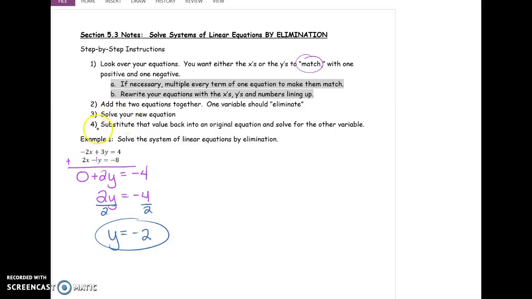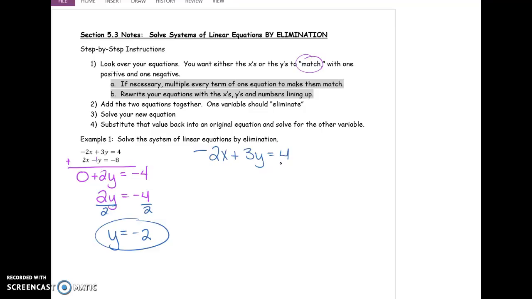Next step, substitute that value, y equals negative 2, back into an original equation and solve for the other variable. So look at your two equations and try to figure out which looks easier to use. I typically use the one that has smaller numbers or fewer negatives, but it's kind of a toss-up on this one. So I'm just going to pick the top one, negative 2x plus 3y equals 4.